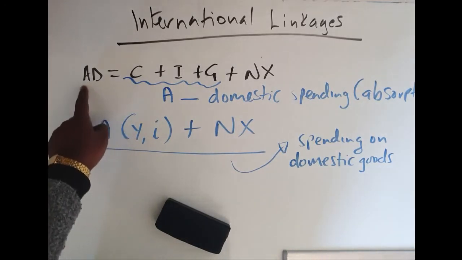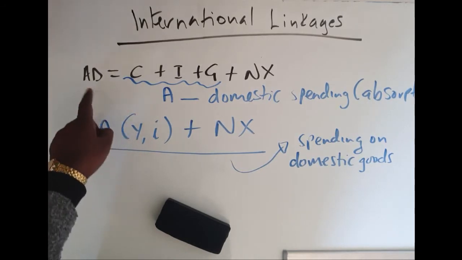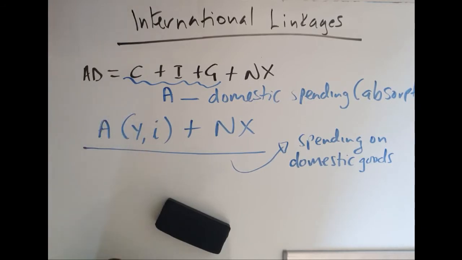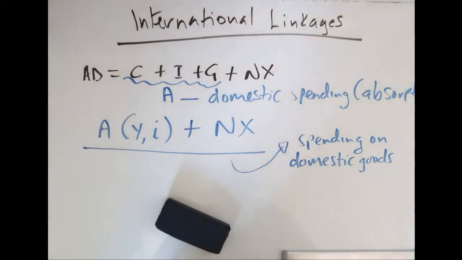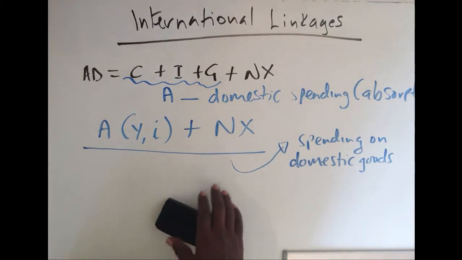Remember, we studied aggregate demand for a closed economy, and we found that income positively affects aggregate demand and interest rates negatively affect aggregate demand. What about net exports? What are the factors that affect net exports? So that's what we want to look at now.